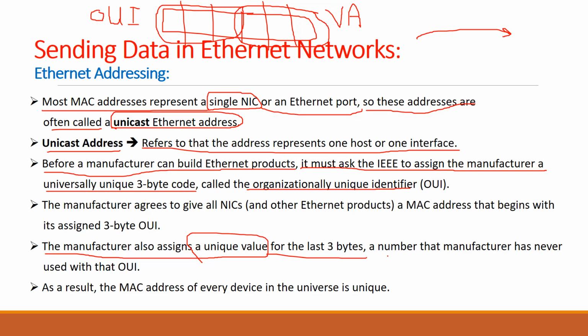Each Ethernet product has a MAC address. For example, a network interface card has a MAC address that is unique from all other network interface cards. And as a result, the MAC address of every device in the universe is unique.